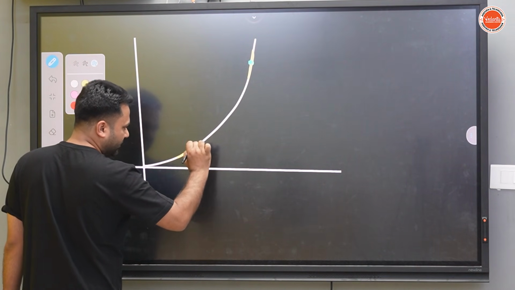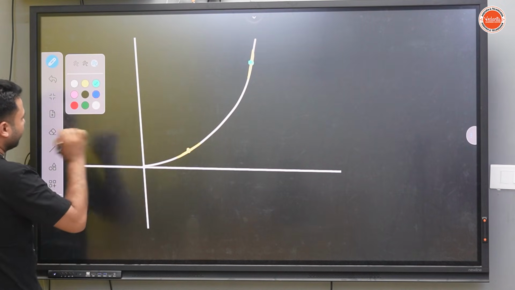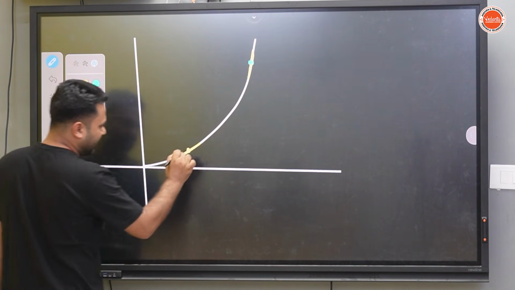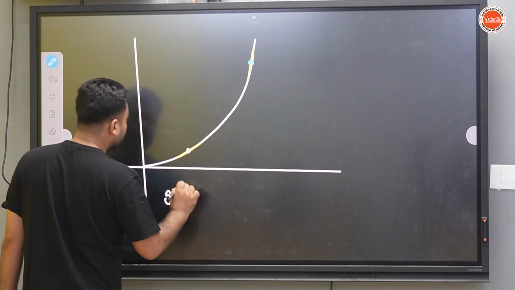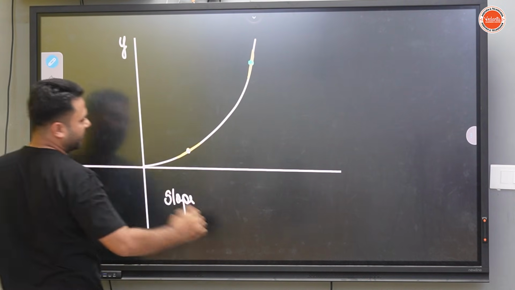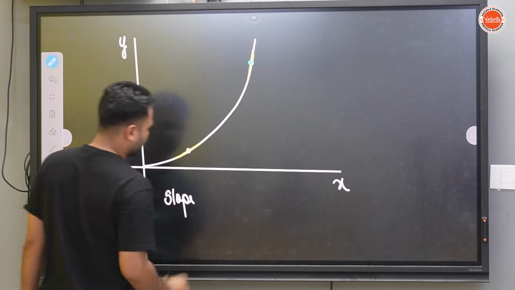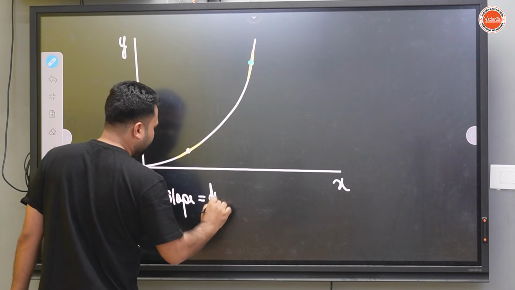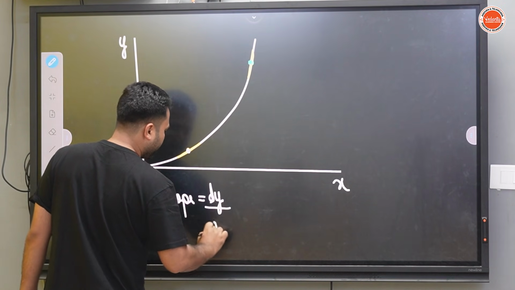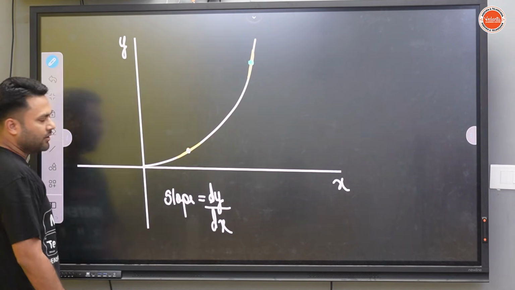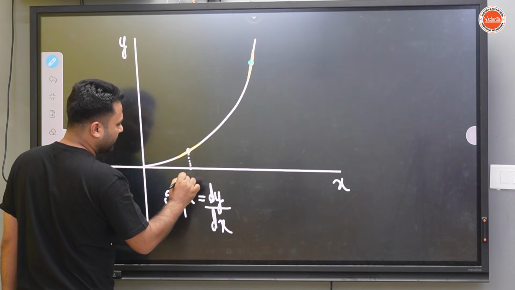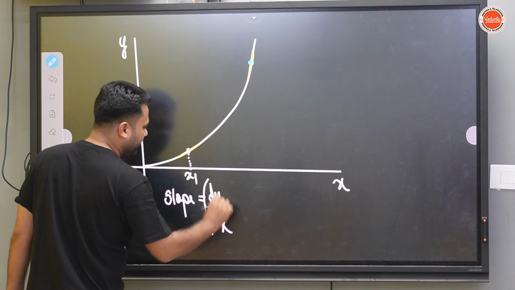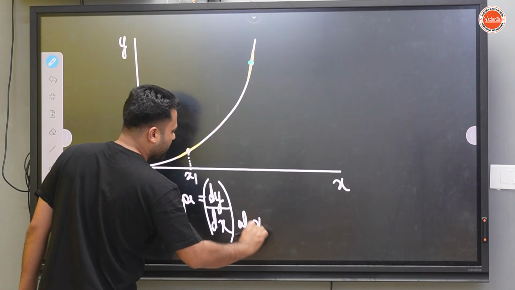passing through a point to a curve. Suppose this is a y versus x curve, so we can write slope equals dy by dx. Now this point must have some x coordinate. Suppose this is x1, so we write dy by dx at x1.